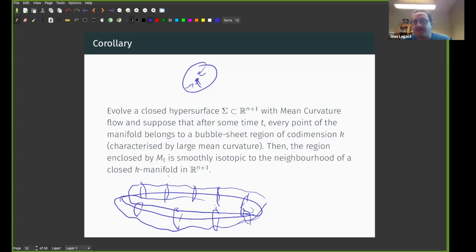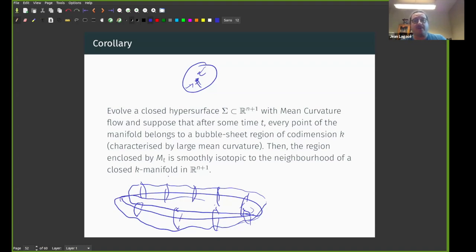And this global foliation by graphical spheres is precisely isotopic to a neighborhood of this closed k-manifold. And so, in a way, this is a first step towards understanding what can be the global topological features of singularities of geometric flows like the mean curvature flow and the Ricci flow in higher dimension.